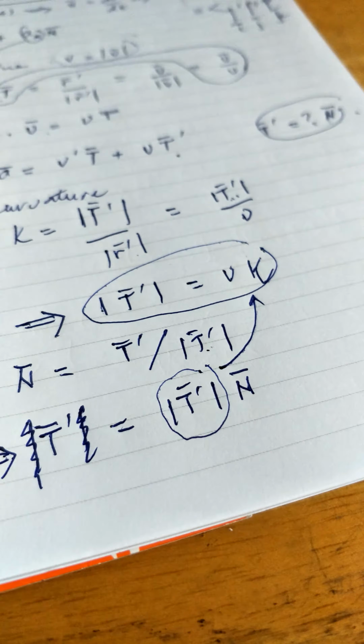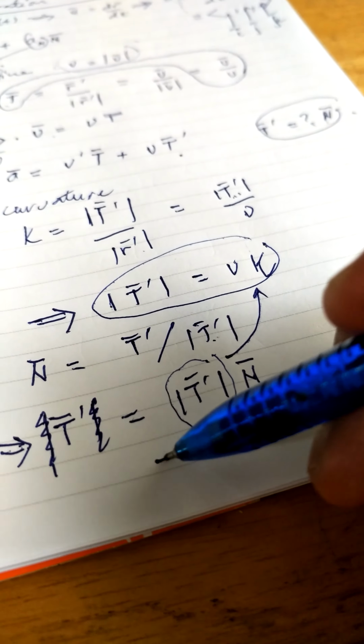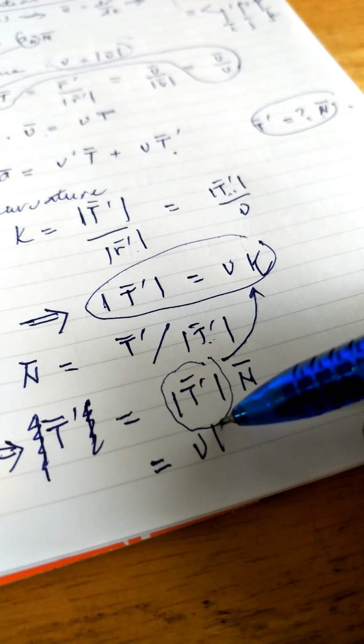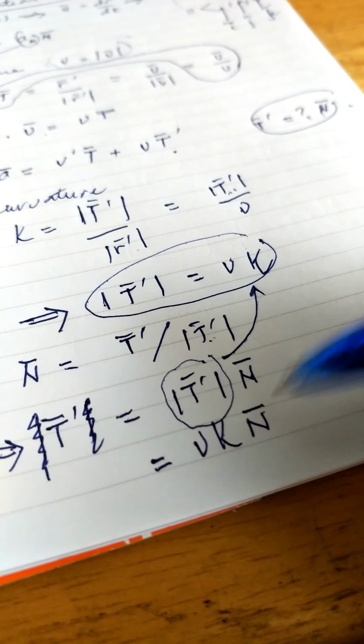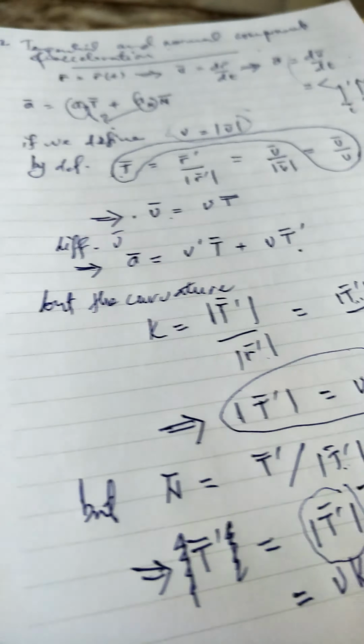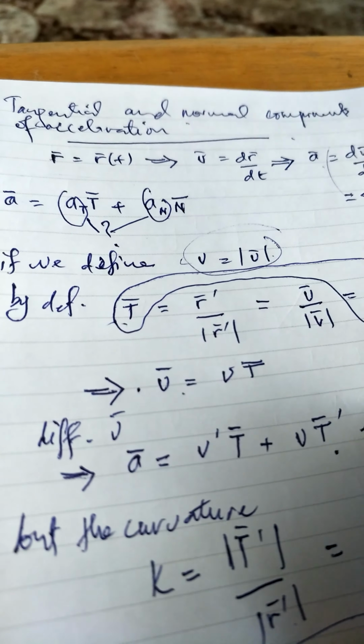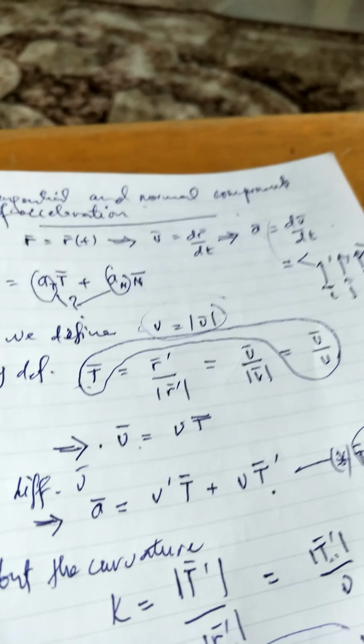Given that, I can write this as mu kappa N. Therefore, let's call this equation star.